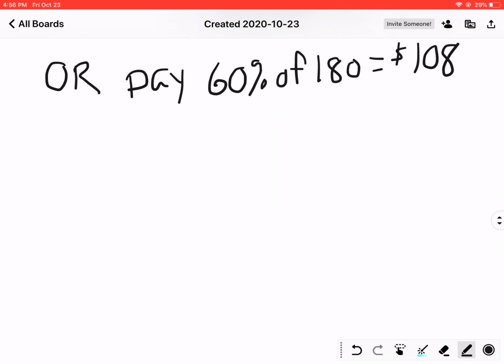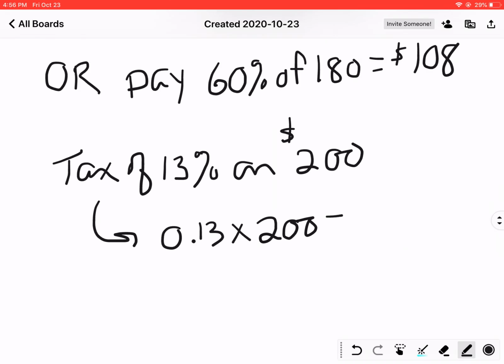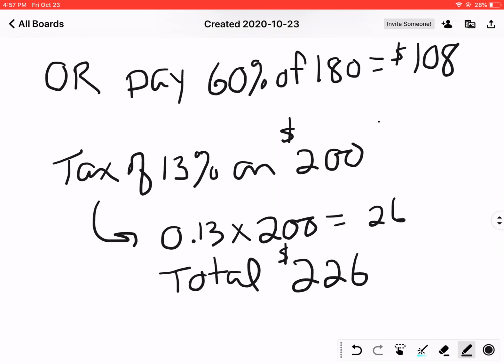Something that's similar to this, if I wanted the tax of 13% on $200, I can multiply 0.13 times 200 and get 26. So the total cost is 226, adding these two things together.